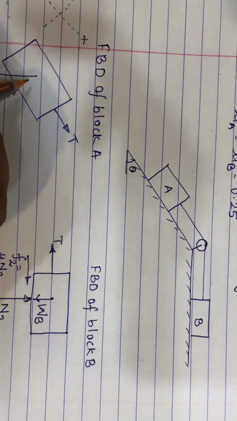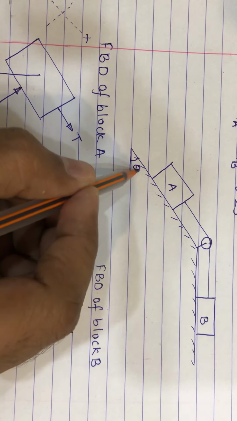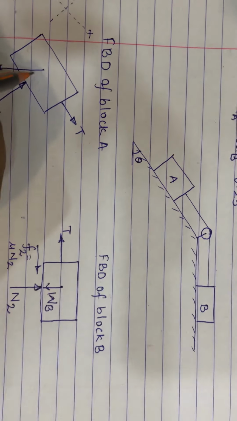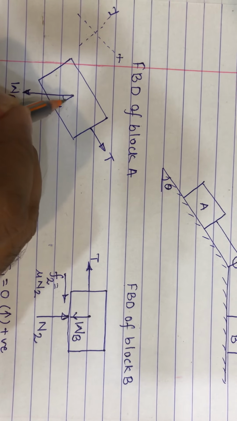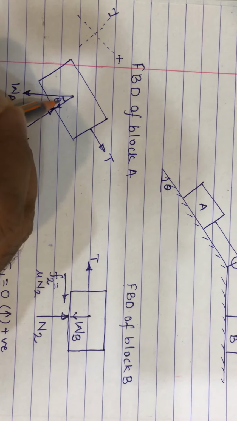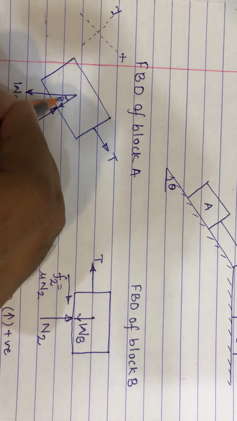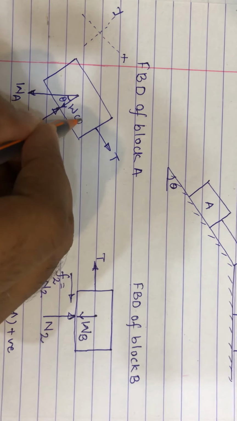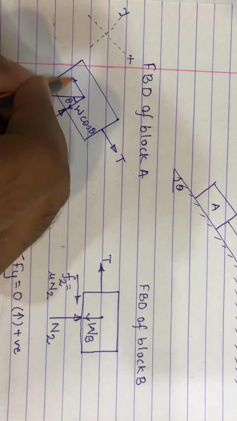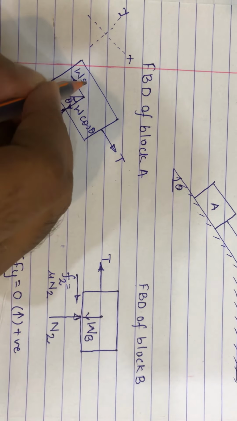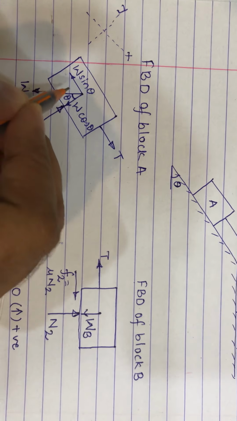Now, as it is mentioned that the angle is theta, if I draw a line in this way, this angle will be theta. Then this component becomes W cos theta and this becomes W sin theta.